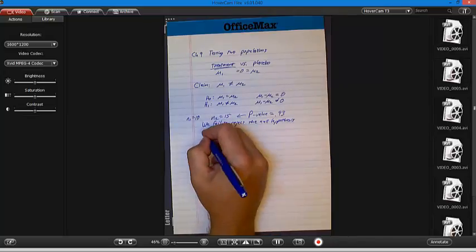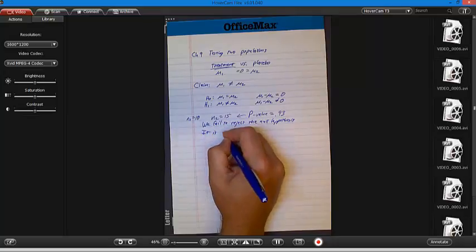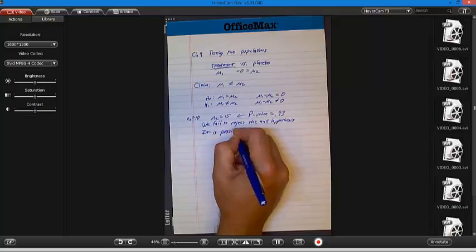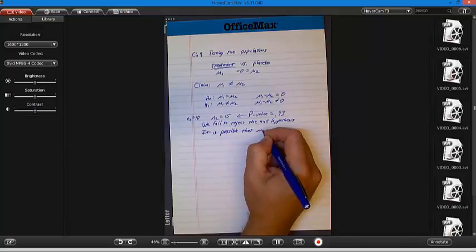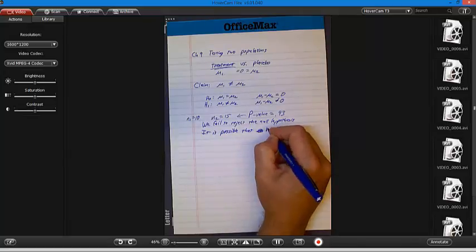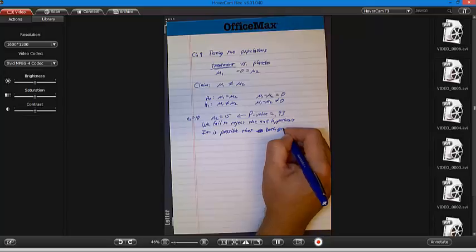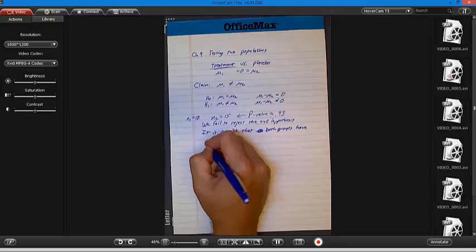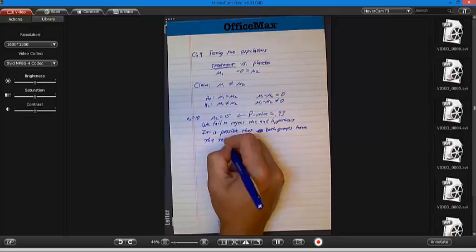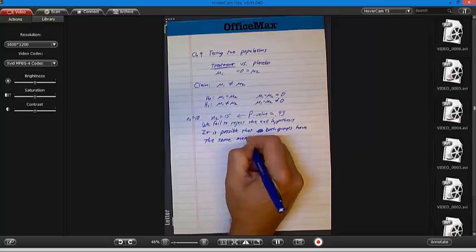And so it is possible that the two means are the same, that both groups have the same mean bone density.